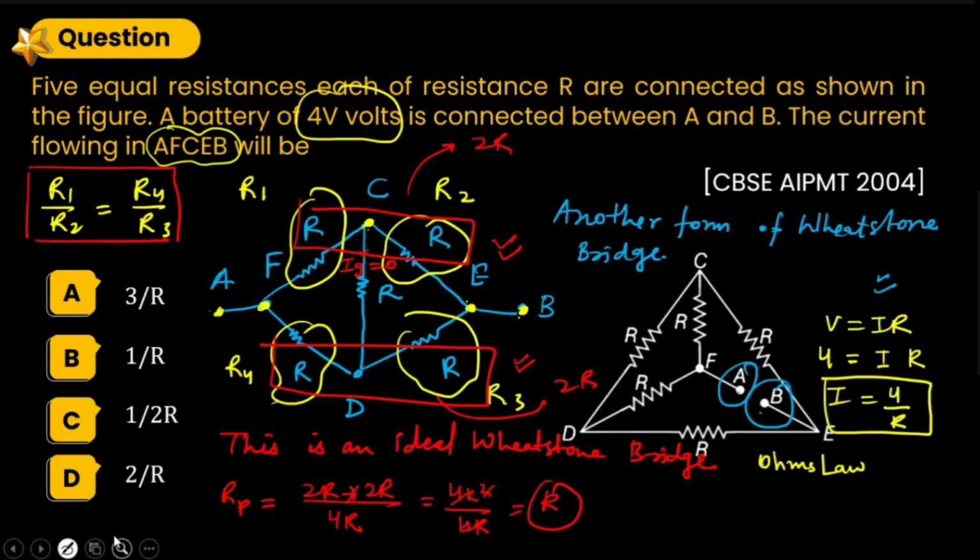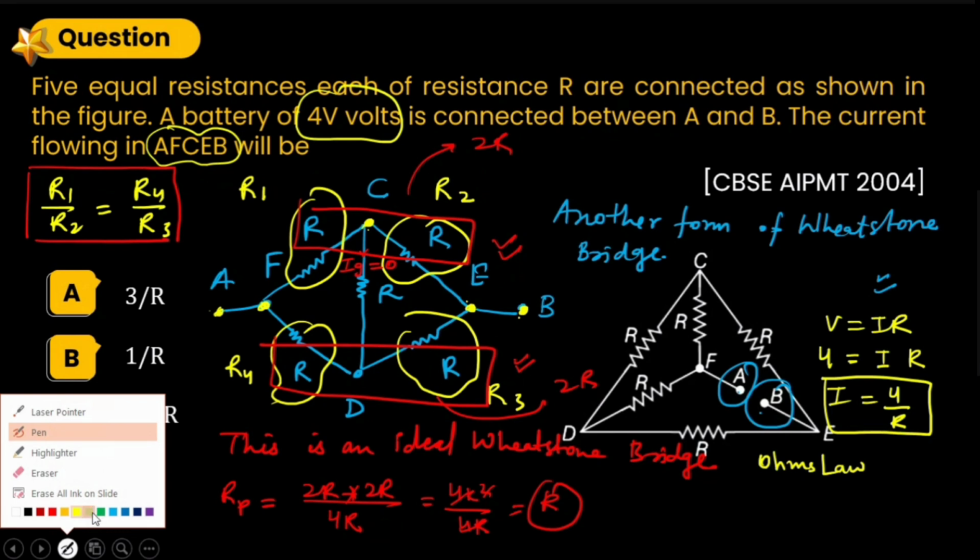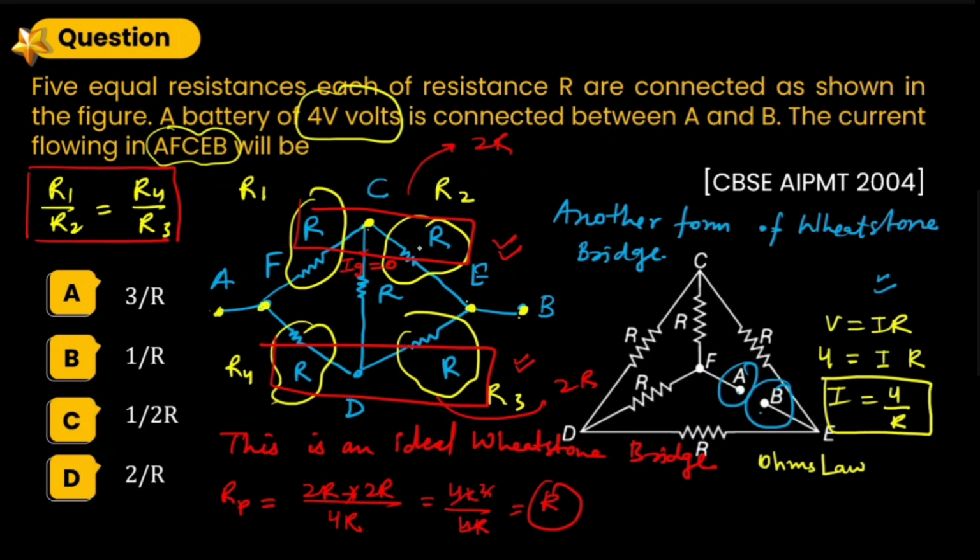Also, I just told you in the previous questions that whenever there is the same resistance in two wires, like this is R, this is R, this is R, this is R, the current which needs to be divided across these two wires would be of the same magnitude.